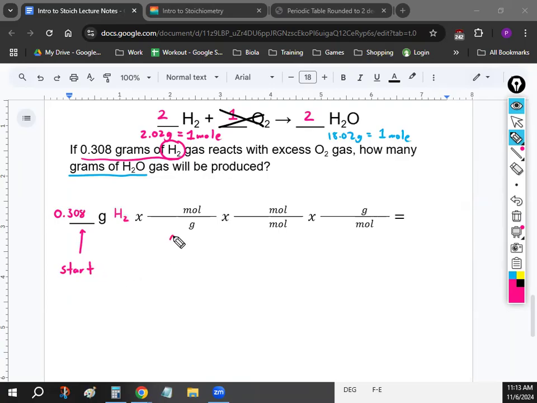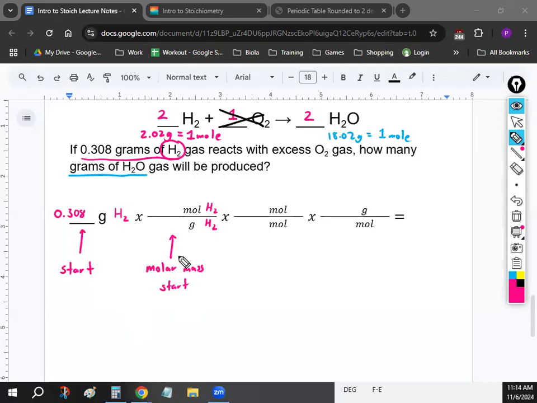Now, the first fraction is going to be the molar mass of our starting chemical. Okay, so our starting chemical is H2, so this whole fraction is going to be about H2. And if you guys look, we found the molar mass of H2, which is 2.02 grams. Now, we got to figure out where to put the 2.02, top or bottom.